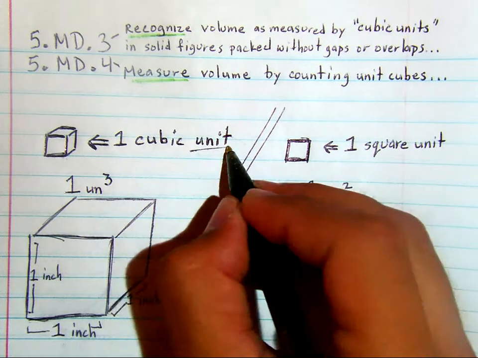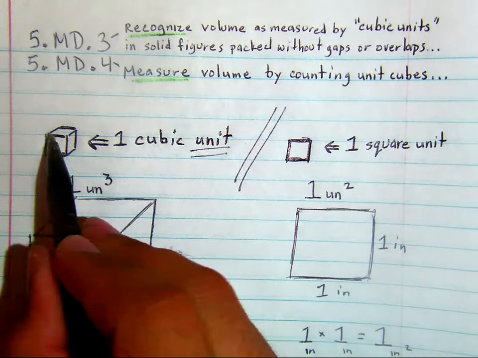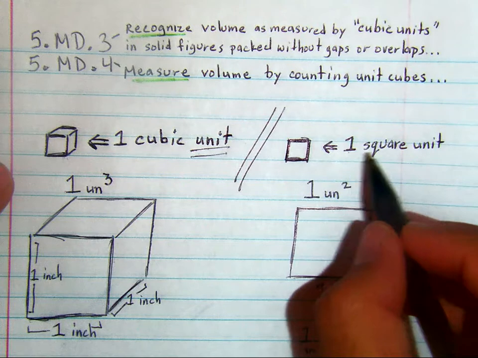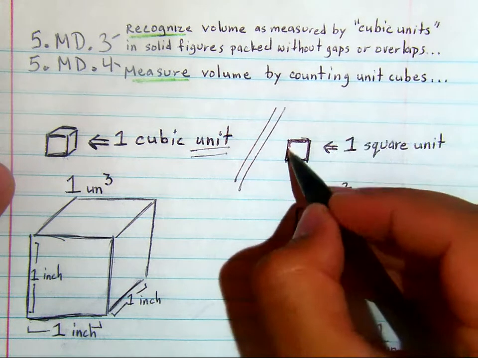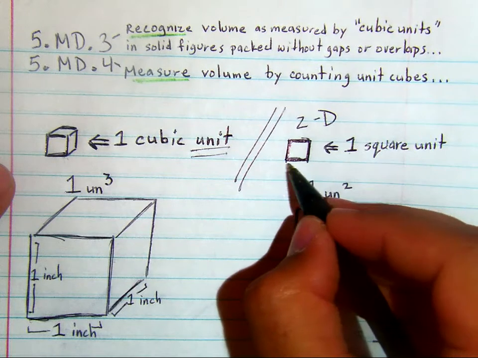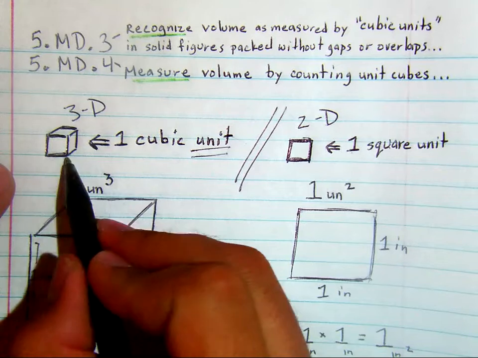We are counting units, and they just happen to be shaped as a cube to be packed. Now that's similar to one square unit, where this is two-dimensional. It's just the length and the width, where this is three-dimensional because it has the length, the width, and the depth.